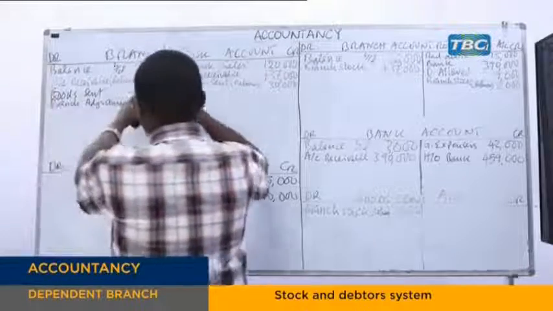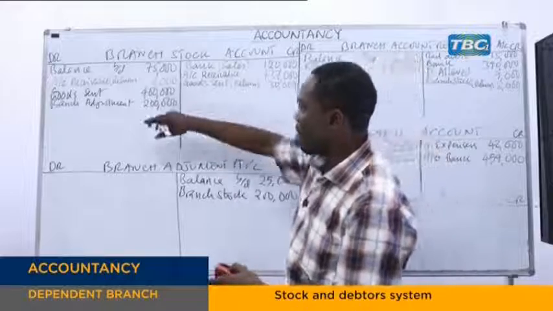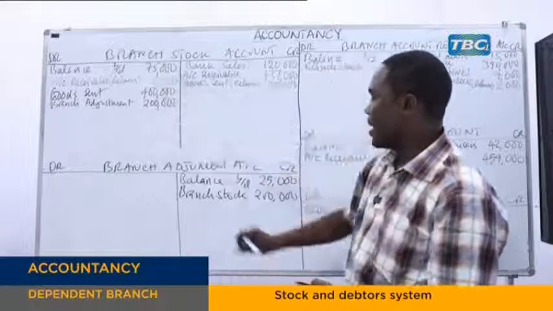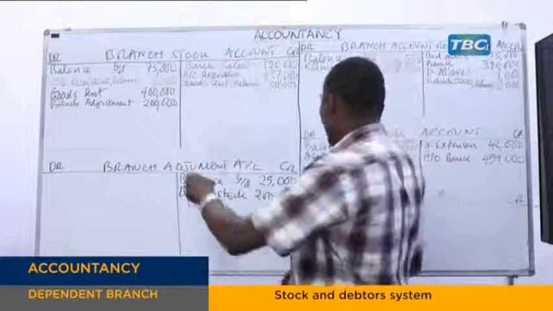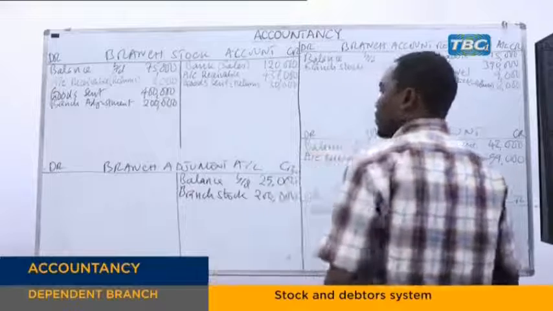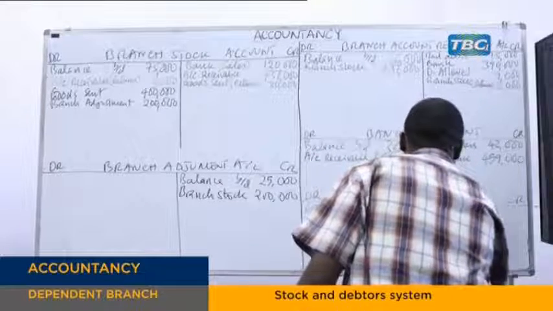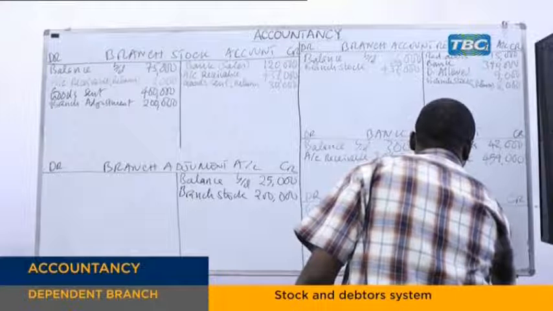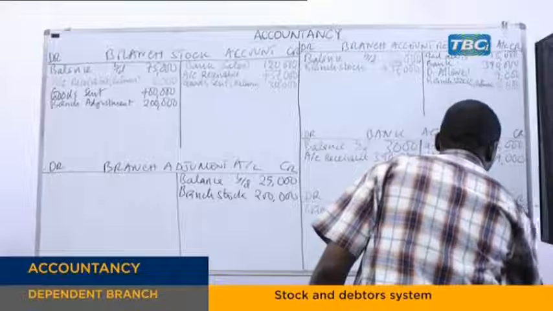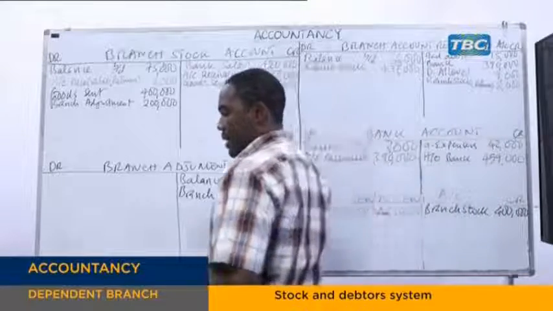You may also write goods sent 600, there is no problem. But of course, the double entry will be much better if we record it in that way. Then we have goods sent being credited with the 400 branch stock. That will be 400,000. What next?